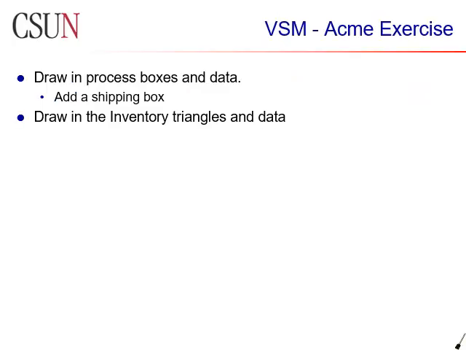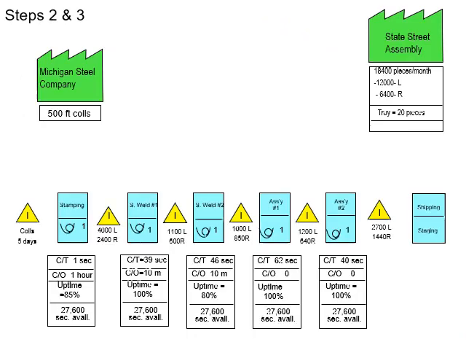So the next step is to draw the inventory triangles and data. As you can see here, when we receive the raw material, what do we do? We first store them. So we put a store. Then what are the processes? We need to follow the production. We need to follow the raw material. What happens here? We're doing something here. How many workers?